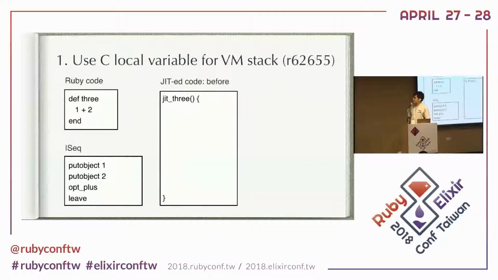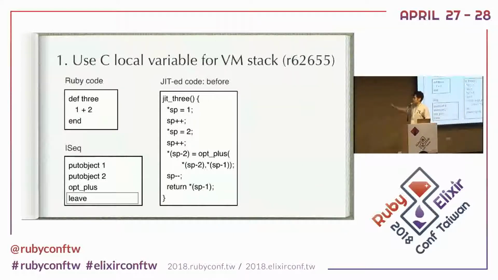In the original, very first JIT compiler, we moved the stack pointer every time. This is assigned to the pointer, reads from the pointer, and plus for the pointer. And we always incremented or decremented the stack pointer. So it's the overhead of our Ruby VM.